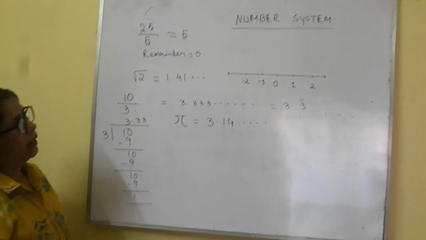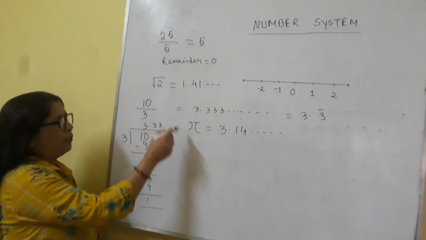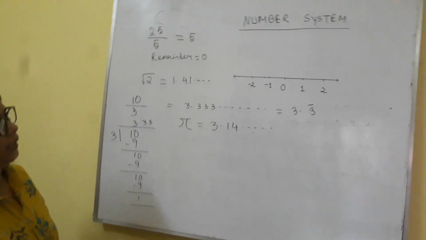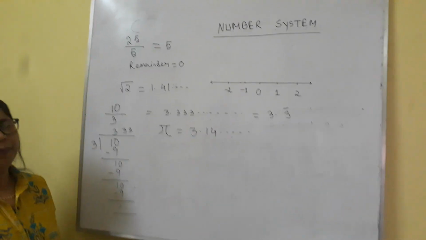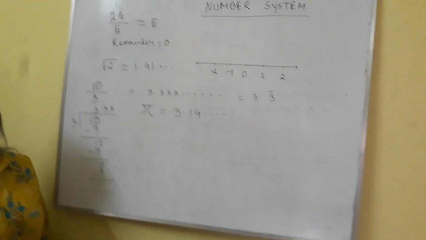Now, as I said, root 2, I take an example of root 2 and pi in that way. These also we can plot on the number line, but these numbers give a non-terminating decimal expansion.